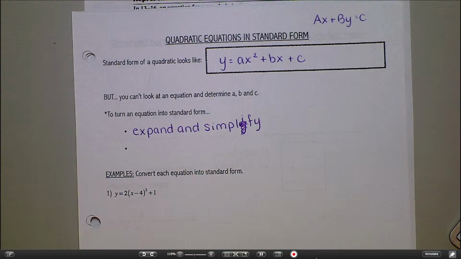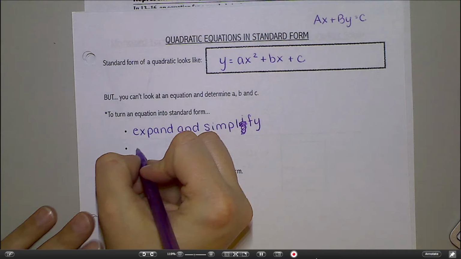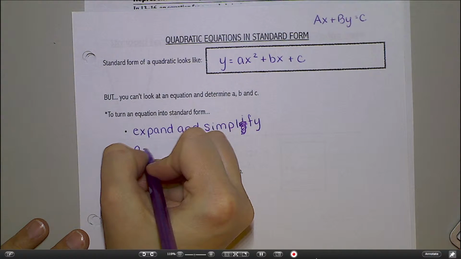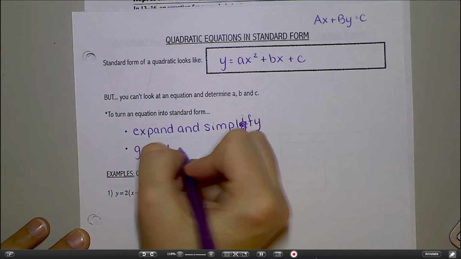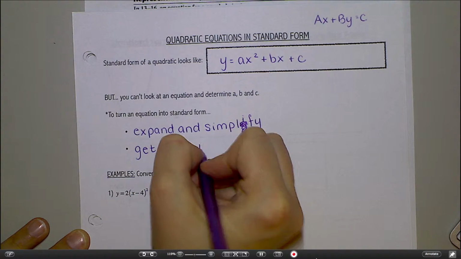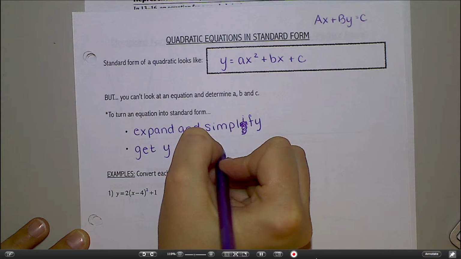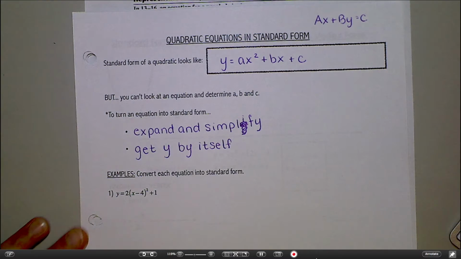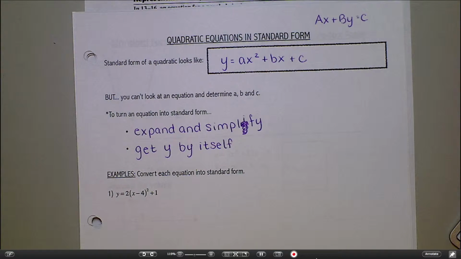Okay, expand and simplify. And then you also need to solve for y. Expand and simplify and get y by itself.